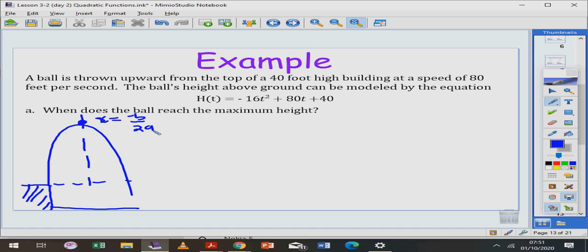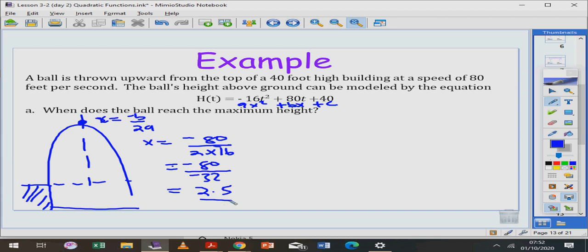So from comparing this with ax squared plus bx plus c, I hope you can see that b is 80, so this x value is going to be negative 80 divided by 2 times negative 16, which is negative 80 divided by negative 32. 80 divided by 32 is, so the x value is 2.5. This is 2.5 seconds, by the way.